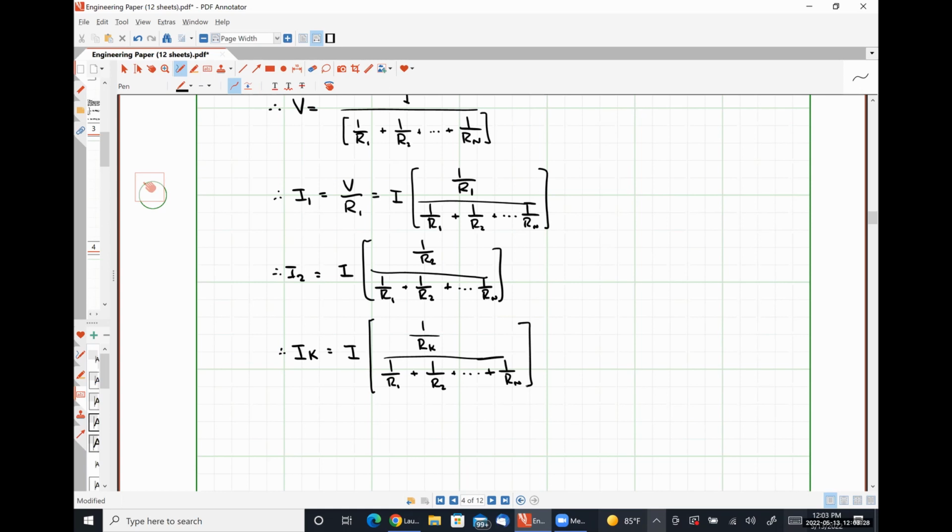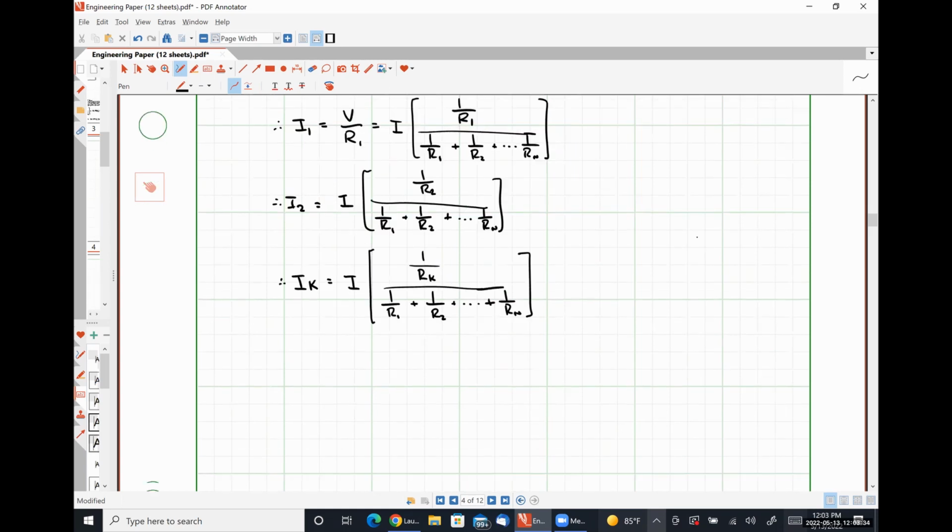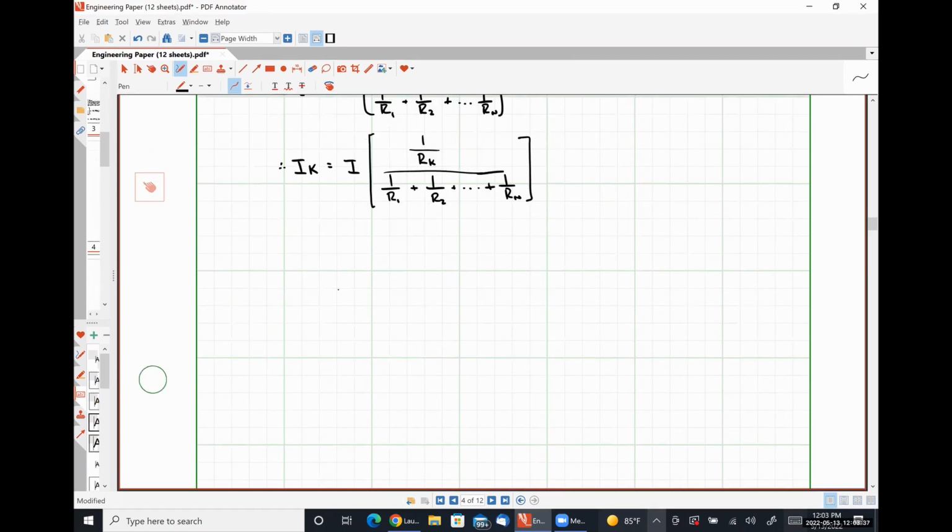Whereas the other way, if you only have 2, R1 and R2, I1 would be I times R2 over R1 plus R2.